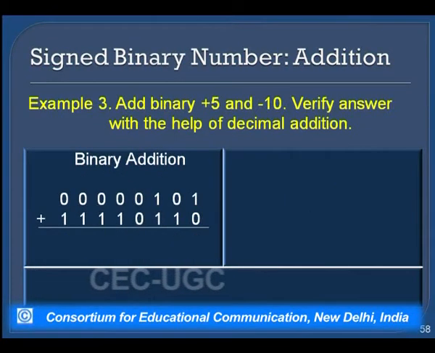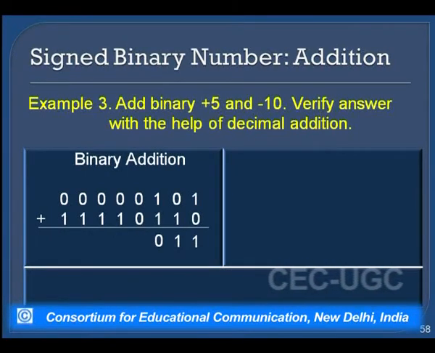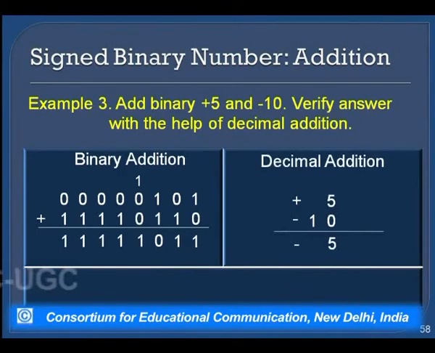Now, we take the reverse. So, we do plus 5 and minus 10. We see that when we are adding, the second number has a sign bit of 1 and then it has the 2's complement of 10. Now, when we add these two numbers, again using the same rules of addition, we see that the leftmost bit of the answer is 1. That means this number is a negative number in 2's complement form.